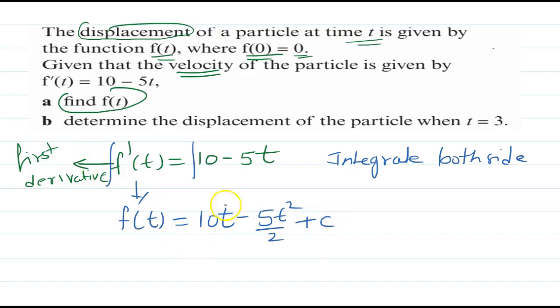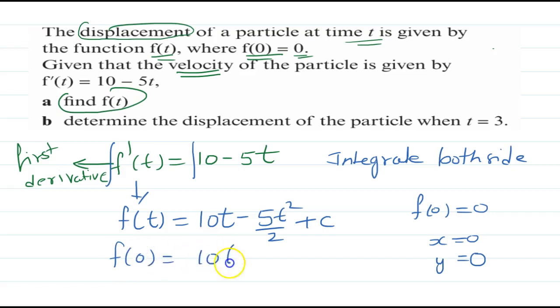Now they are saying f(0) equal to 0, which means x is 0 and y is 0. So put here f(0), that is 10, and replace t with 0.